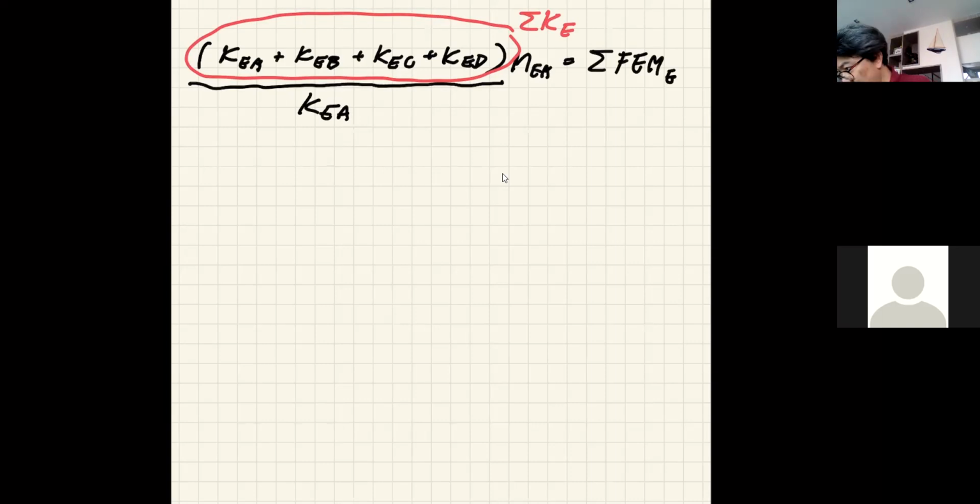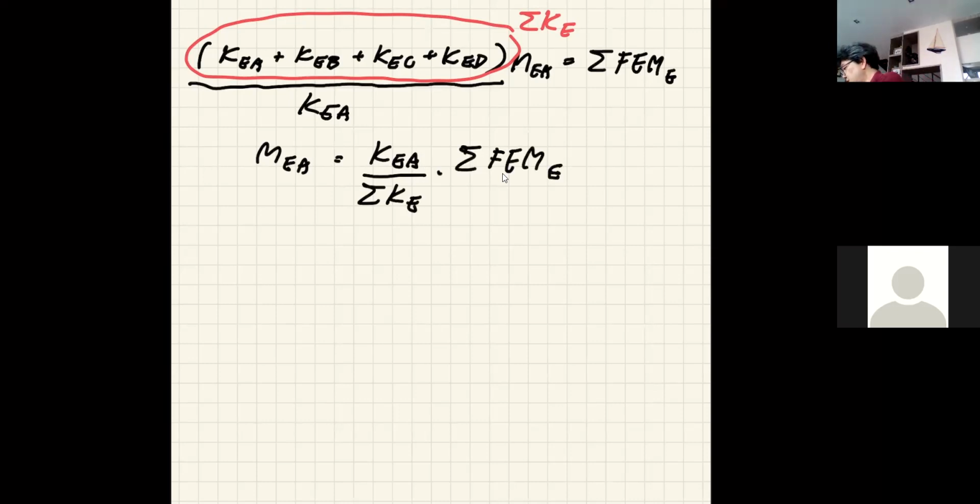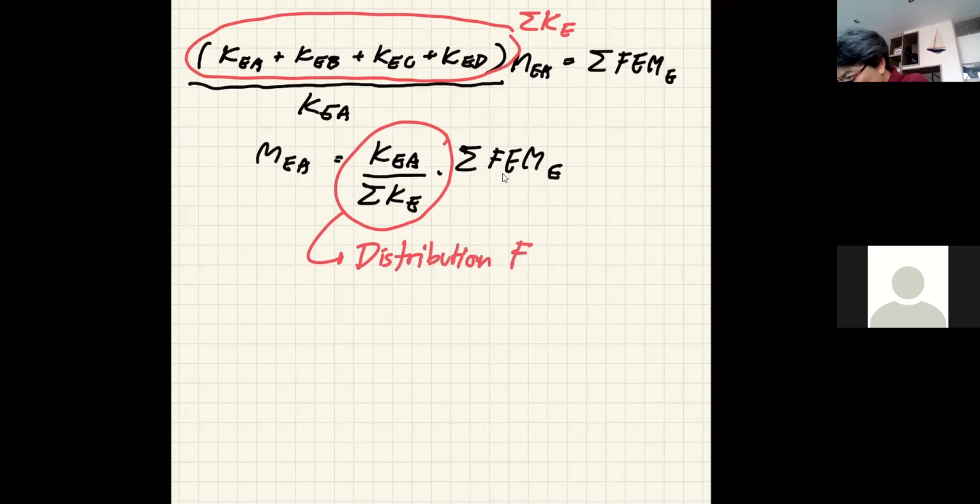So you can see now that my MEA is in fact equal to KEA divided by sigma KE multiplied by sigma FEM at joint E. So, ladies and gentlemen, this is the distribution factor of member EA, or we can just call it DF.